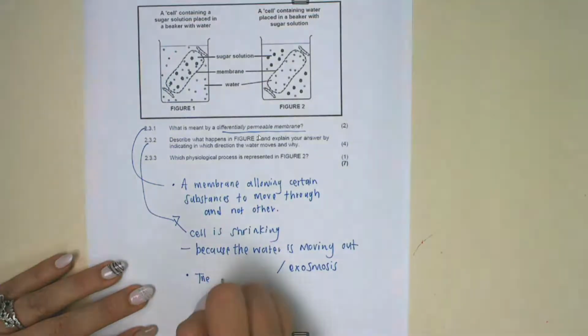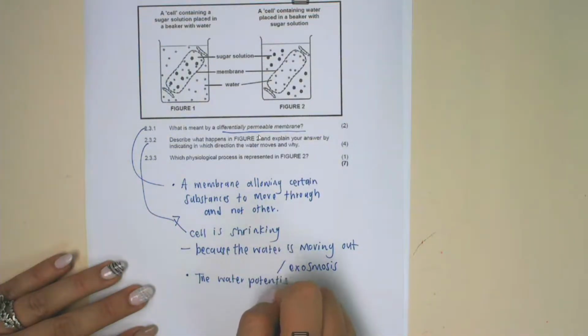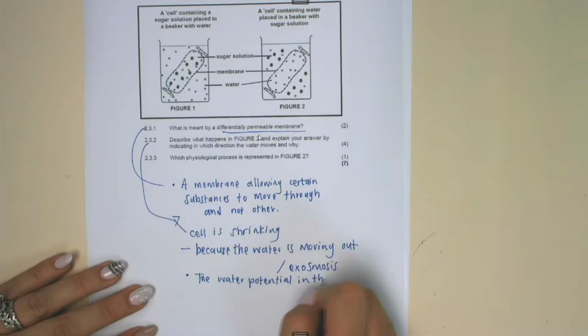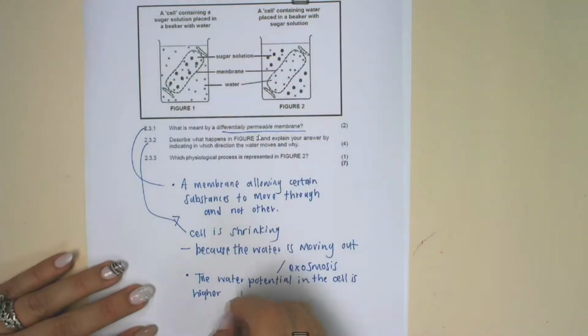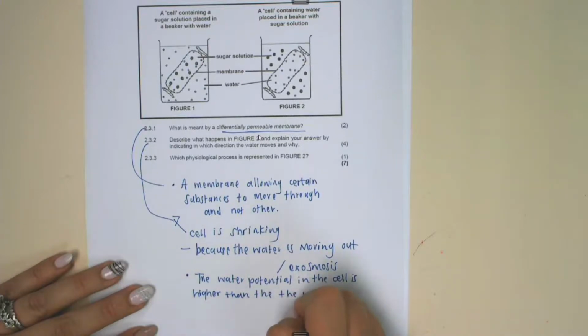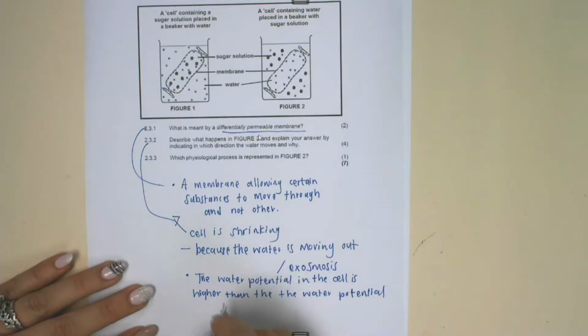So you can say the water potential in the cell is higher because it pushed the water out, then the water potential on the outside of the cell is lower.